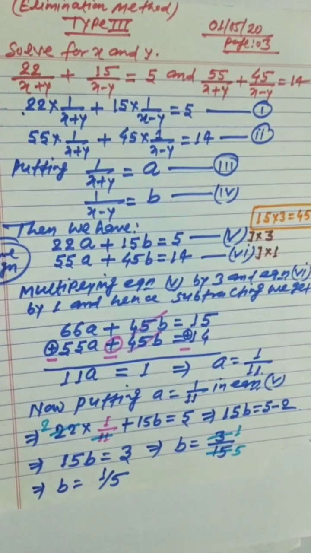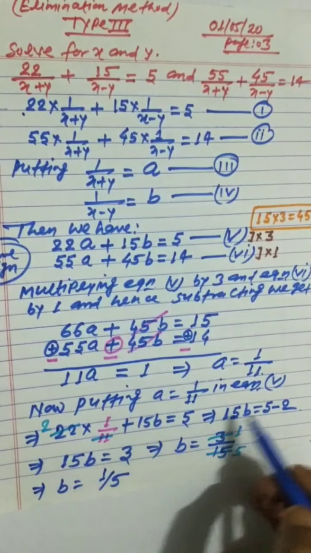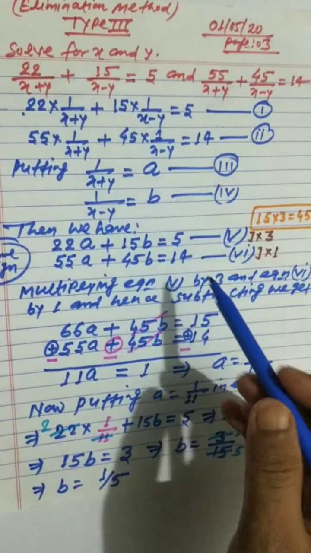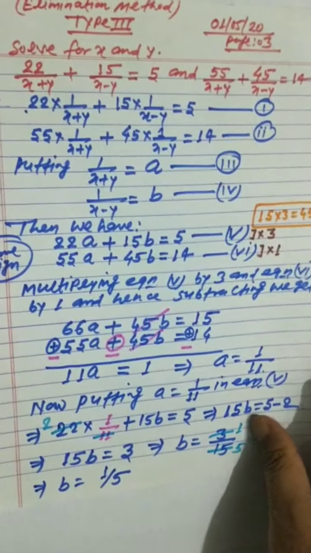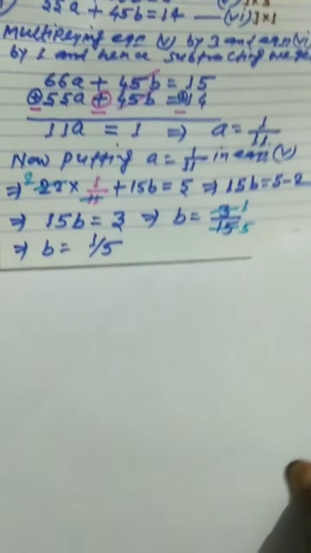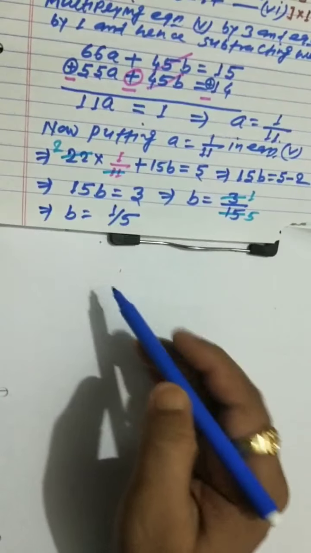Now we have found the value of a and b, and this value of a and b have to be put in equation 3rd and 4th to get the other equations. Let us solve it now.